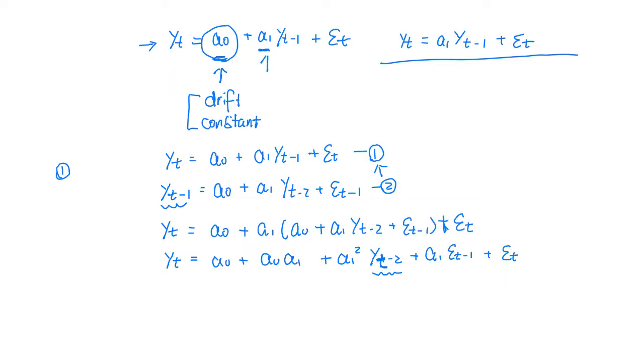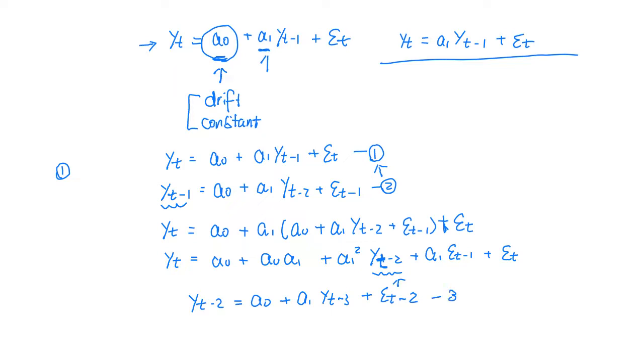Sorry, I just had a disconnection with my iPad. Okay. So y_{t-2} is equal to alpha naught plus alpha 1 y_{t-3} plus epsilon_{t-2}.